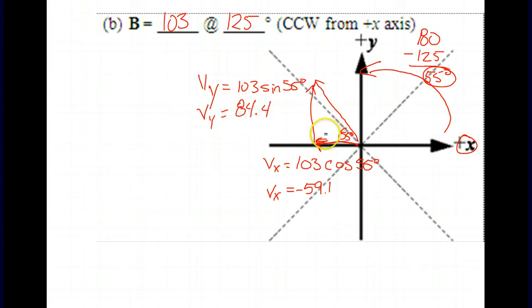The reason why I stopped there is because in that 103 we have 1, 2, 3 significant figures, so I'm just keeping 3 in my answer. And so those are going to be our 2 for that one.